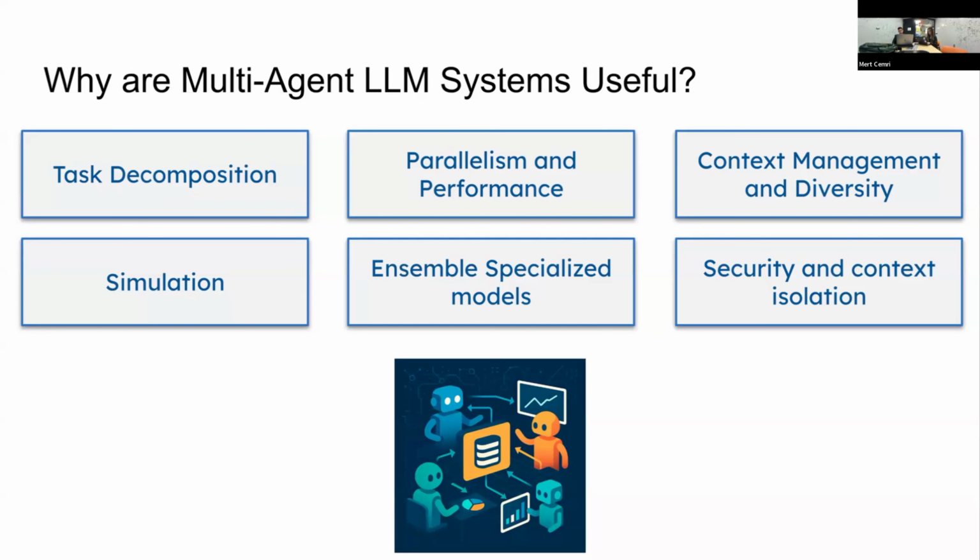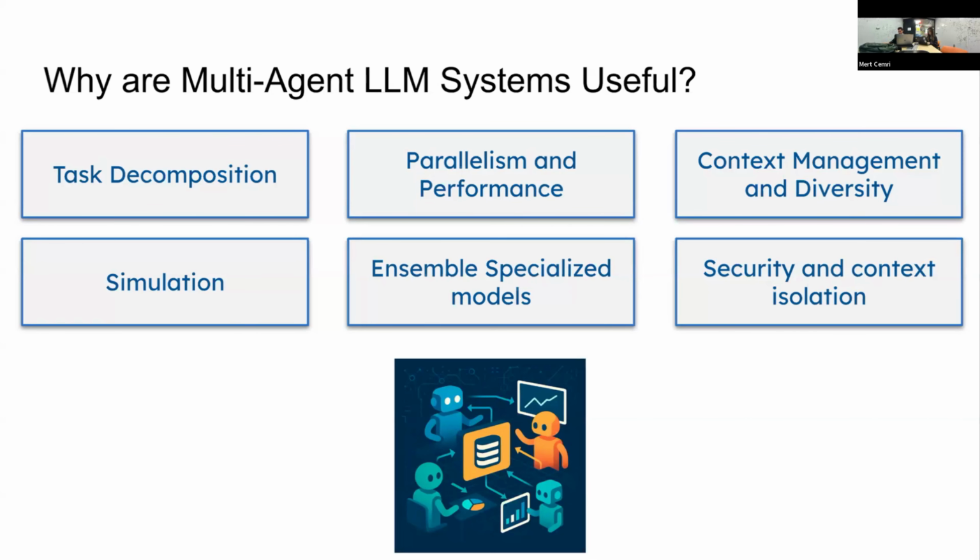Also, if you have multiple agents, you can have a network. You can have a distributed system for parallelism, and also having multiple agents allows you to prompt these agents in multiple different ways, so that it works as a context management system. And also, you essentially have an ensemble of specialized models. Also, a multi-agent system can be used as a simulation tool for seeing how different conversations turn out.